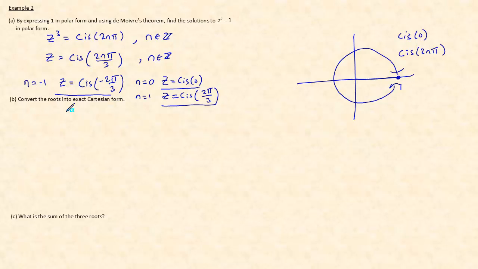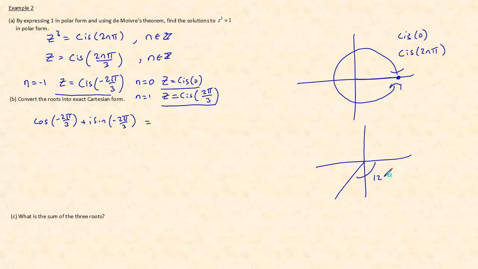We want to convert the roots into exact Cartesian form. Well, this first one here is cos -2 pi by 3 plus i sine -2 pi by 3. And remember that -2 pi by 3 is down here.